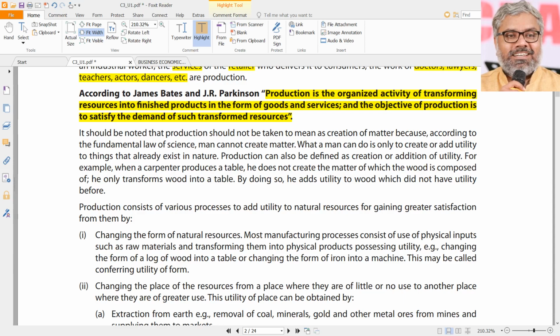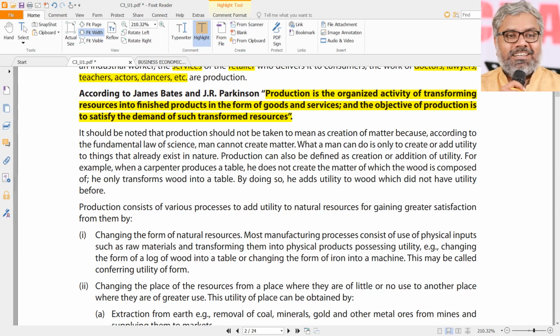So, what is production? Simple. It is the organized activity of transforming the resources into finished products. And what are the finished products? They could be in the form of goods and services. And the objective of production is to satisfy the demand for such transformed resources. These words you have to understand clearly. Resources means what here?